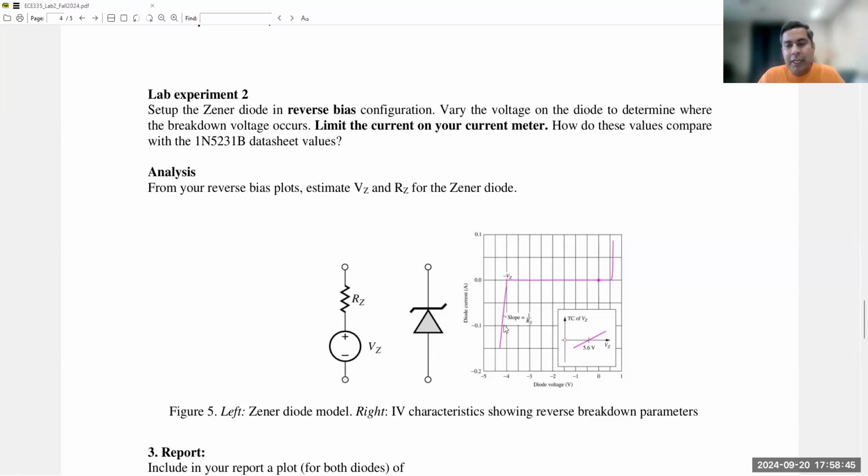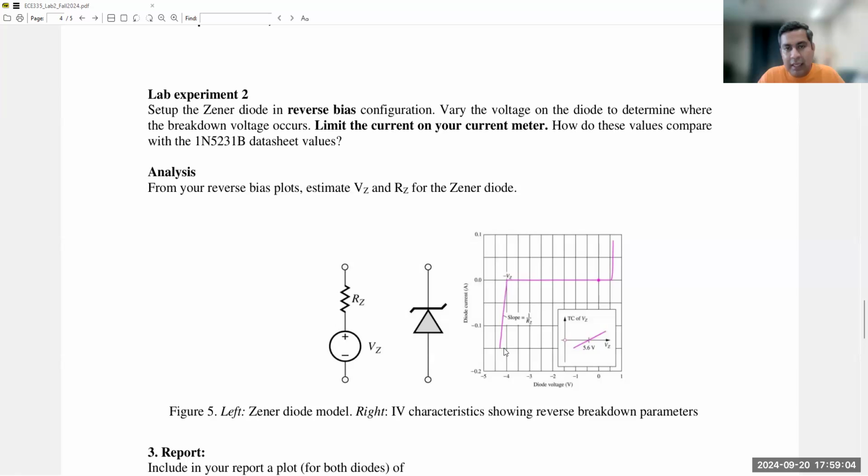And then you can measure the slope of the diode, which is the conductivity. And if you invert that slope, you get a resistor value for the model of the diode. You can see that the voltage across the diode, after it breaks down, is not going to increase very much.